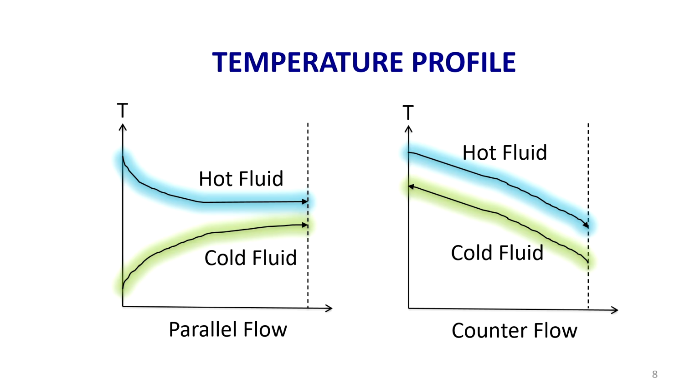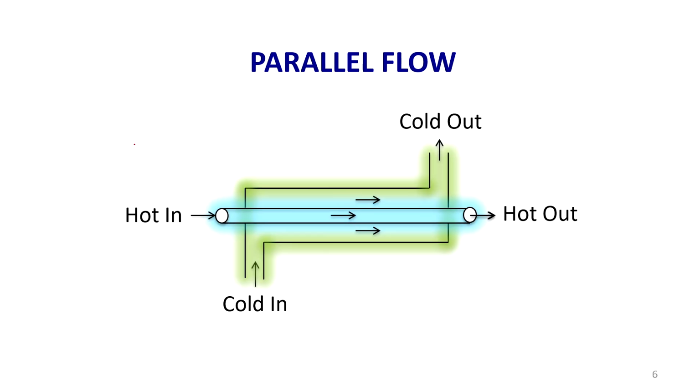Whatever explanation I have given, I have transformed into a temperature profile. For parallel flow, this is the hot fluid and the cold fluid. If I write the temperature, for the hot fluid we use T1, T2.